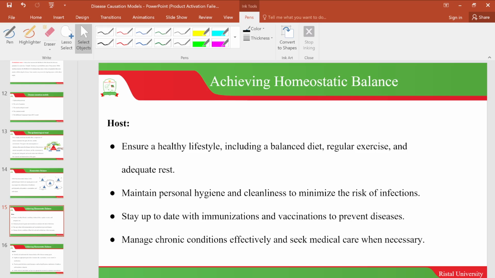So, for example, if you're looking at the host, there are many things that you can do to improve the competence of the host to be able to resist the agent causing a disease in them.